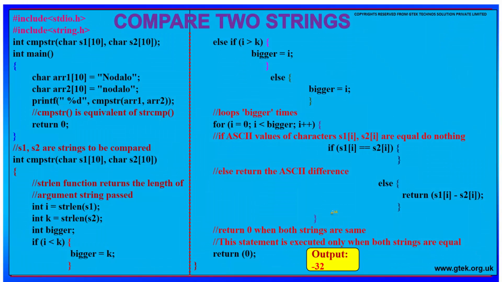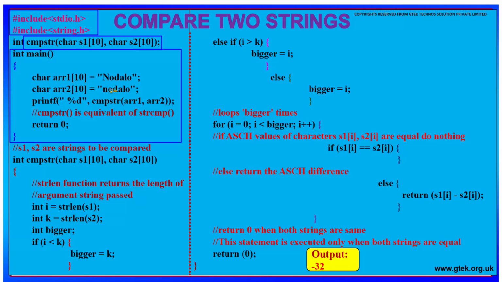So this is how we have to write a string comparing program. Include your standard library functions followed by the main function over here, and we are having a function of string compare to which I'll be passing two strings.